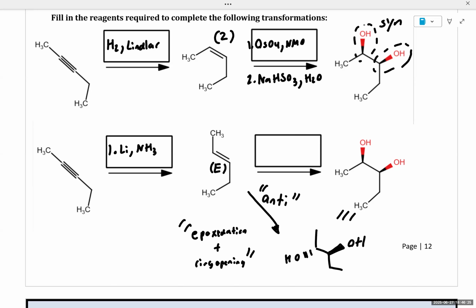So in this case, we're going to treat it with mCPBA. That's going to make the epoxide. And then we're going to open the epoxide with H3O+ and water. Just to show you what's happening here, we are making an epoxide.